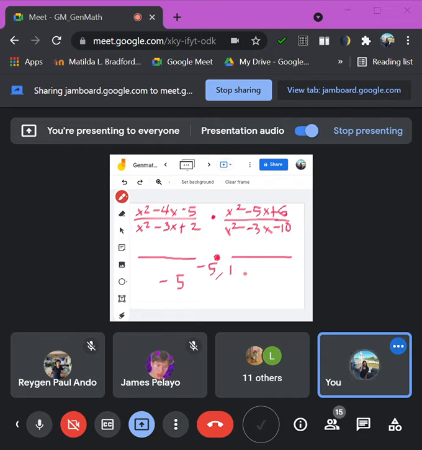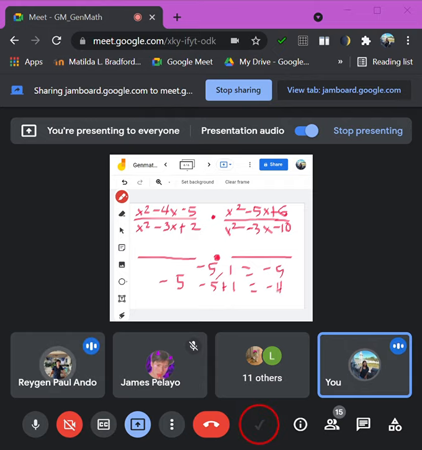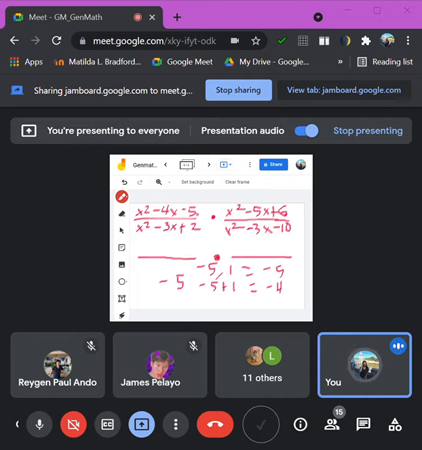Negative 5 times 1, negative 5, right? And then negative 5 plus 1, pila? Negative 4. Diba pasok siya sa letter B or sa linear term, and then pasok siya sa constant. Remember, multiply ni siya para mugawas imong C, and then diri is imo siyang i-add para mugawas sa imong B.